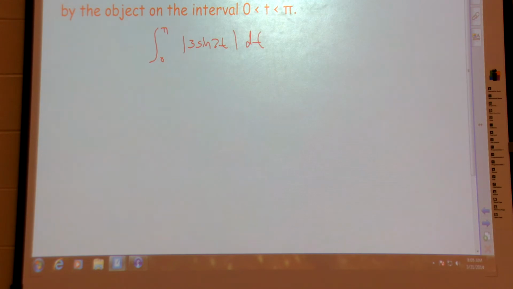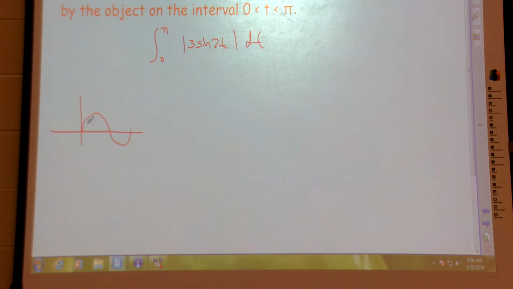Correct? Total distance traveled is the integral of the absolute value. But by hand, you cannot do that integral by substitution. By hand, it means you literally have to rely on the graph and do pieces. And we already know what the graph looks like.